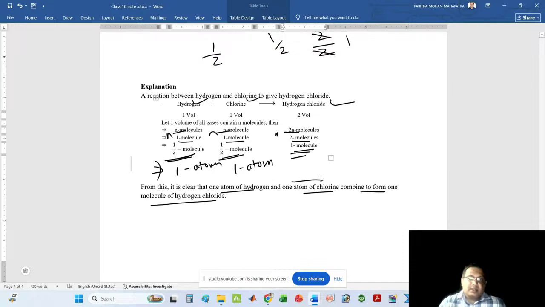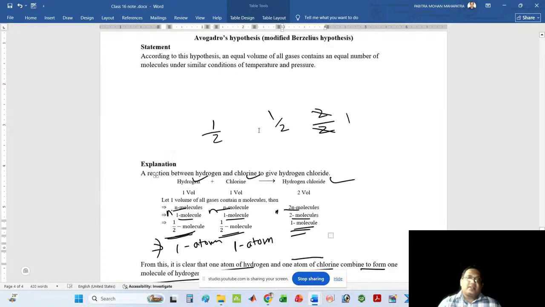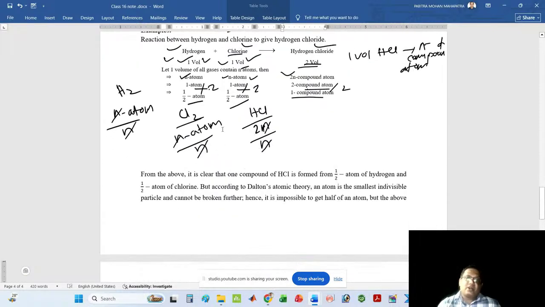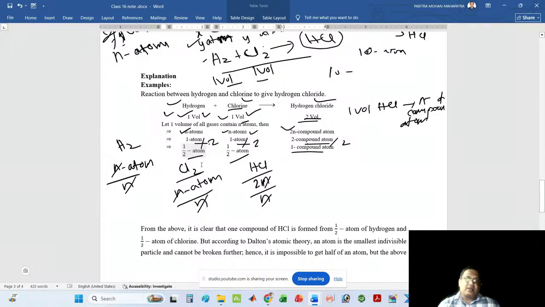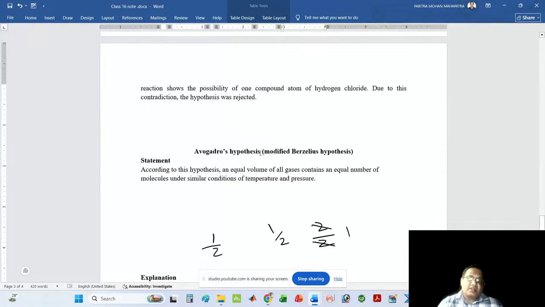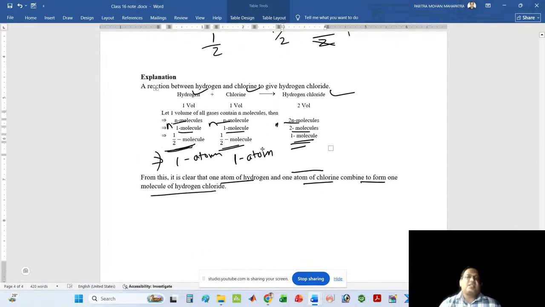It clearly explains that a molecule undergoes breakdown to form atoms. But in Bernoulli's hypothesis, the atom undergoes breakdown. So we can prove that Bernoulli's hypothesis goes against Dalton's atomic theory, so it is rejected. But Avogadro's hypothesis, the modified Bernoulli hypothesis, supports Dalton's atomic theory, so it cannot be rejected.